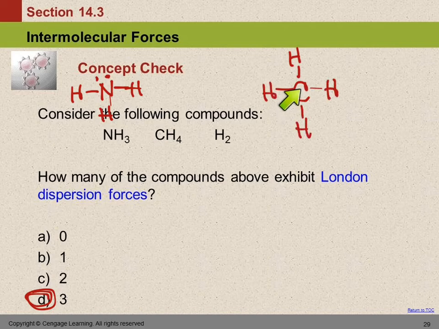There's no lone pairs on the central atom, and all the atoms bonded to it are the same. So this is nonpolar. That means that it only has the London dispersion forces. And then this guy, H2, 2 identical atoms bonded together, that's also going to be nonpolar. So 2 of them only have London dispersion forces, but they all have London dispersion forces.